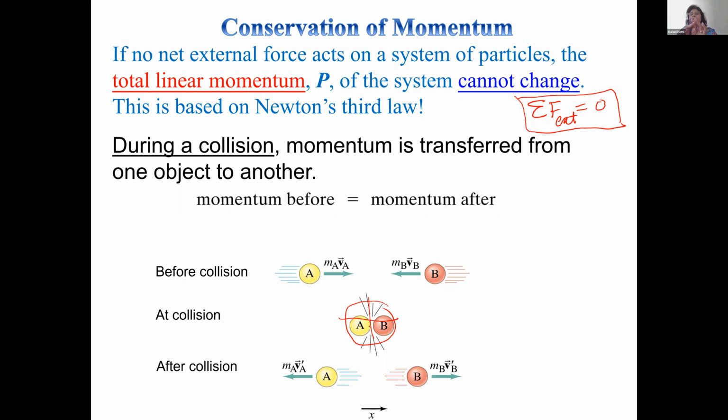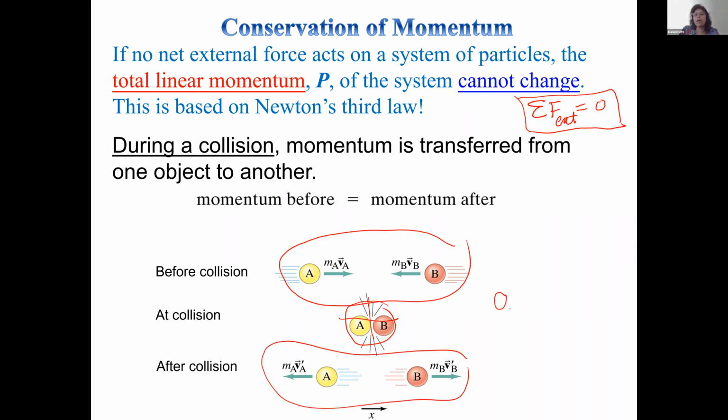But the thing that we're going to discuss is momentum: the momentum just before the collision and after the collision are equal to each other. That's what momentum conservation means. So you're going to write the momentum before, we'll say P initial, or before, whatever you think you can write, but I will use initial and final.